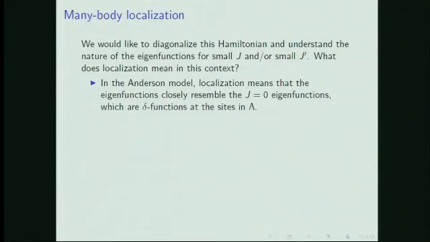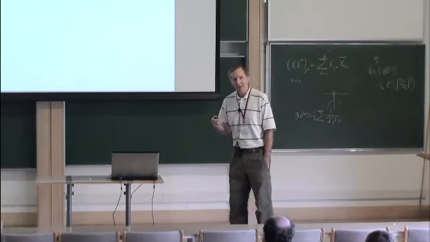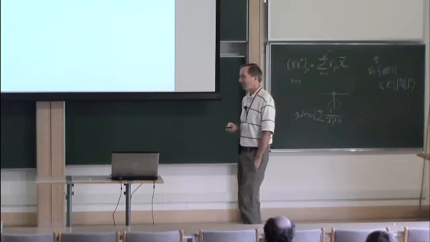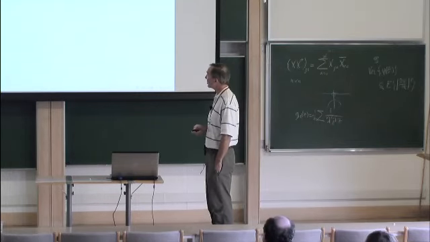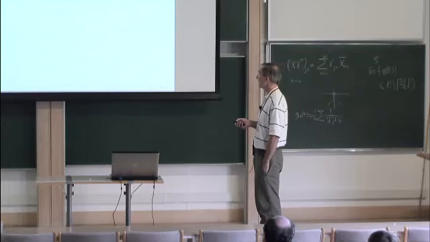But let me just repeat it, because it's a little bit non-trivial to understand what localization means in the context of the many-body problem. In fact, it took us quite a long time, maybe quite a few months, with some help from colleagues, for us to get a grip on what many-body localization means.